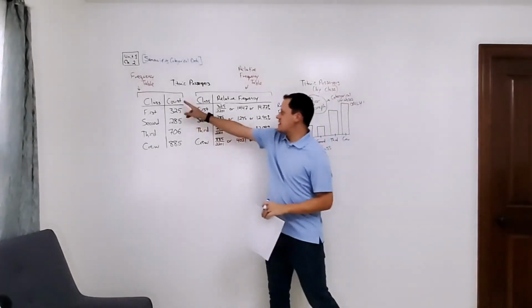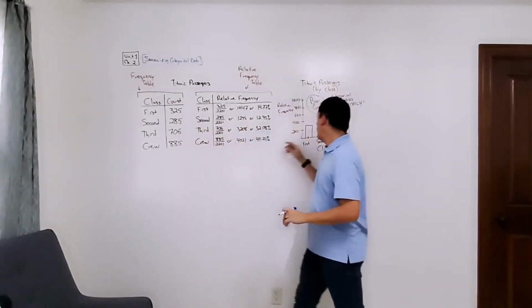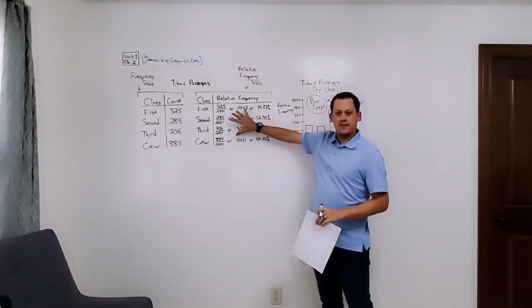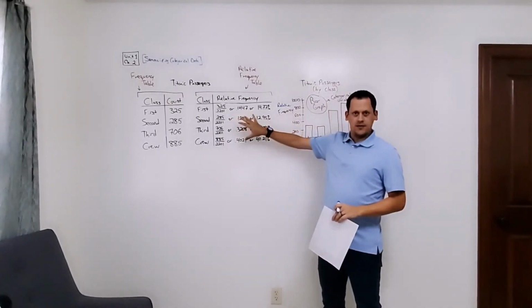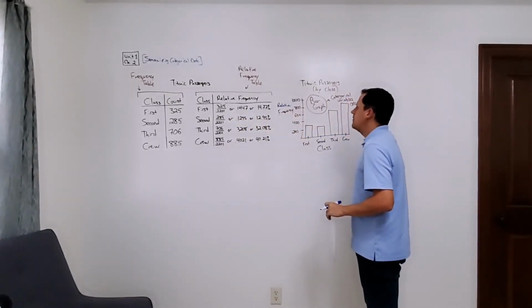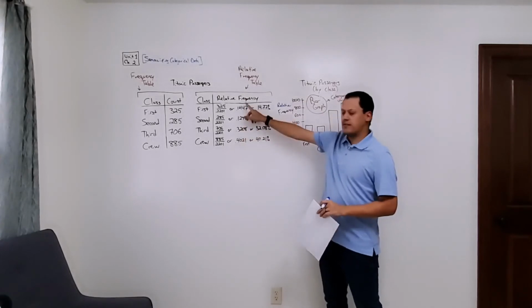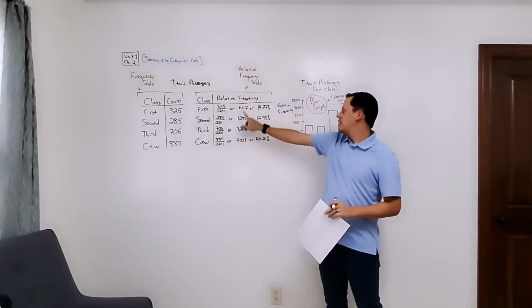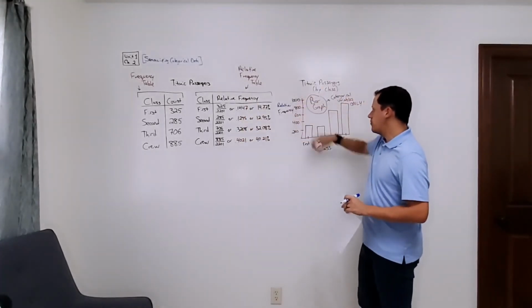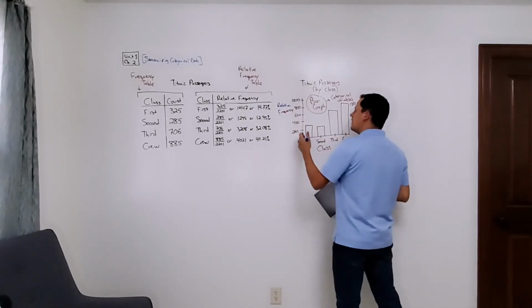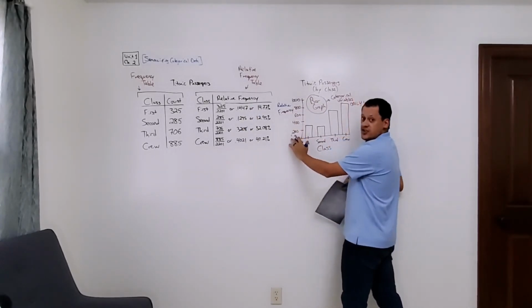Instead of being frequencies or counts, now along this vertical axis we can talk about the relative frequencies. And generally we're going to be dealing with the decimals on this vertical axis of a bar graph. Okay? So we obviously have to change the scale now as well.